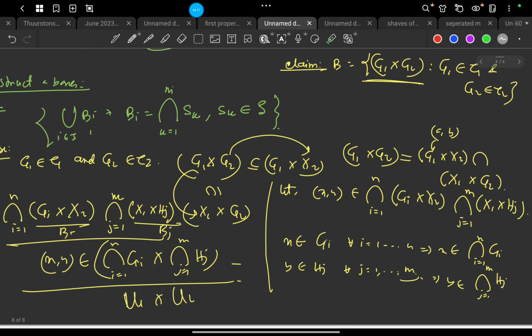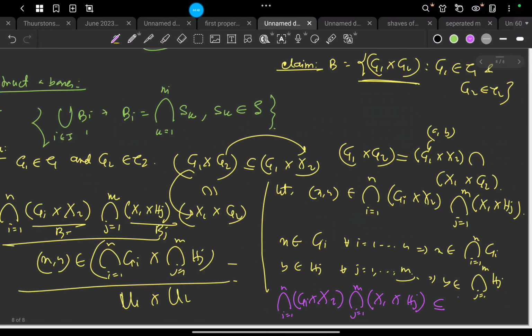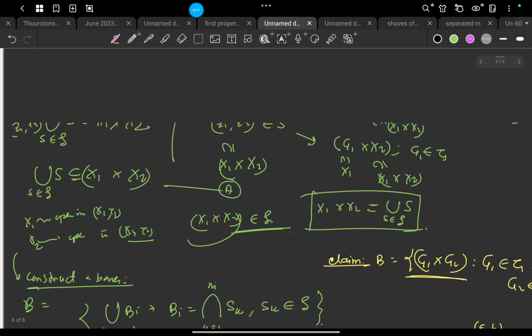So basically we have got that the intersection of Gi cross X2, i equals 1 to n, intersection the intersection of X1 cross Hj, j equals 1 to m, is a subset of the intersection of Gi, i equals 1 to n, cross the intersection of Hj, j equals 1 to m. This is how one can construct the map.